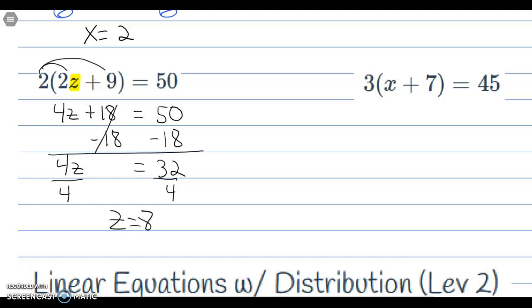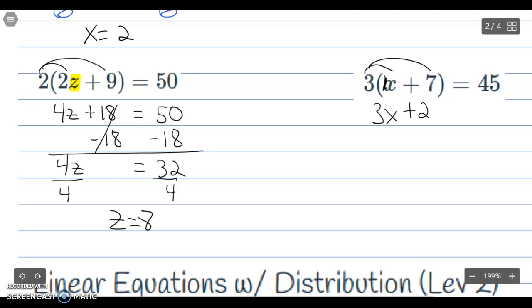Now on this next one, we're going to go ahead and distribute, and it's an understood 1 right here. So 3 times x is going to be 3x, and 3 times 7 is going to be 21. Bring down the 45. This time I used the colors here.